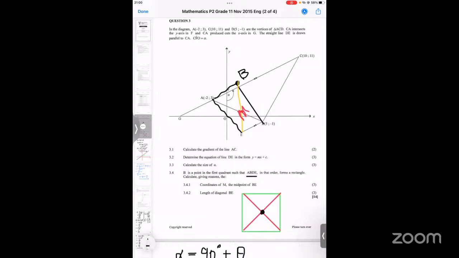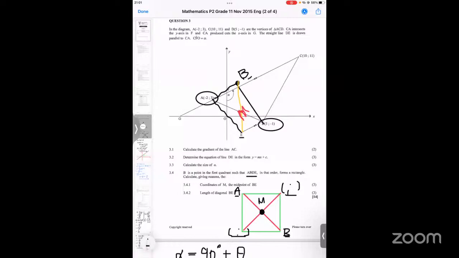So if you know the coordinates of this point and that point, even if they talk about point A and point B and they say find the midpoint of point A and B, you can still use those coordinates because they share the same midpoint. So in this case, you can still use this point and that point, because they share the same midpoint, even though they are talking about point B, E.